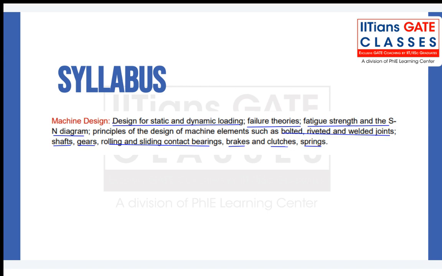So how much marks can you expect from the subject? Definitely it varies, right? Sometimes if questions from strength of materials have increased, then questions from machine design will have a little bit less weightage. And sometimes if questions from strength of materials are less, then you might get more questions from machine design.